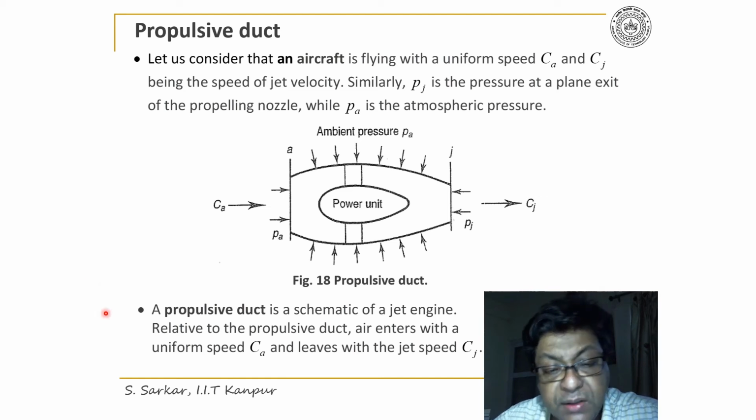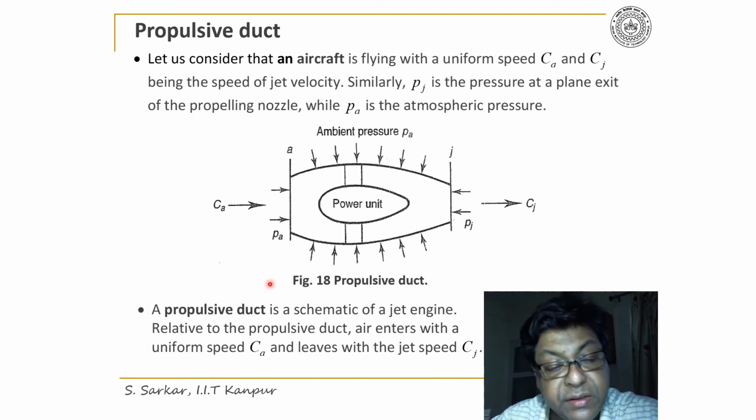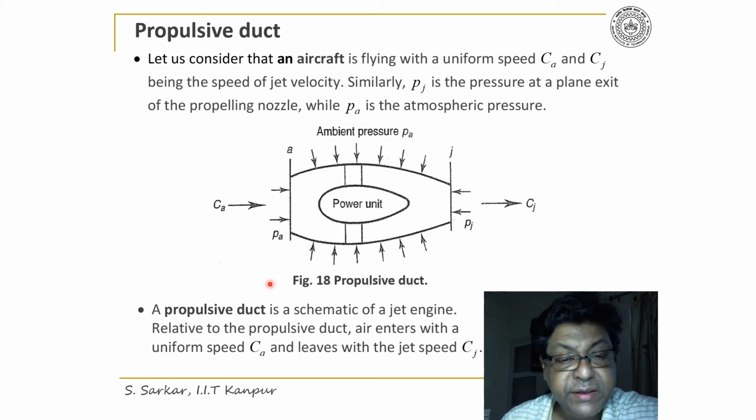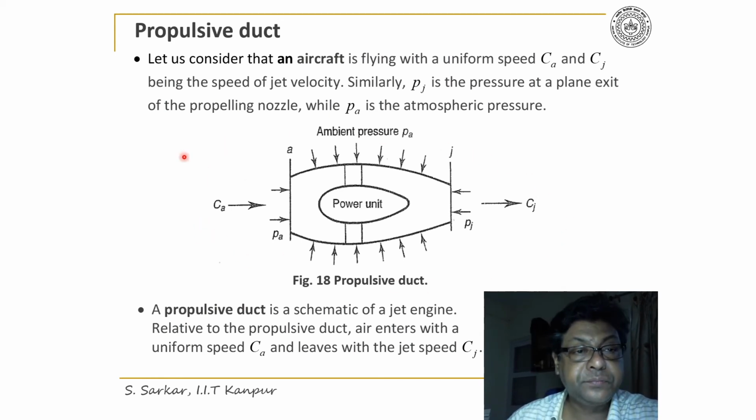Now, a propulsive duct, as indicated in figure 18, is a schematic of a jet engine relative to the propulsive duct. Air enters the duct with a uniform speed Ca and leaves with a jet speed Cj, as indicated here in figure 18.